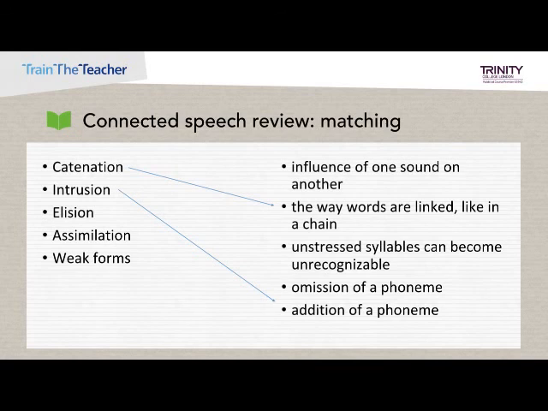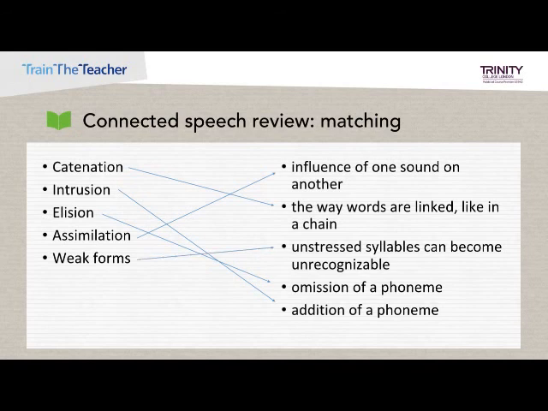Intrusion is the addition of a phoneme which wouldn't be there if the words were spoken in isolation. Elision is the omission of a phoneme, usually the t or d sounds. Assimilation is the influence of one sound on another, where a sound might actually change depending on what follows it.